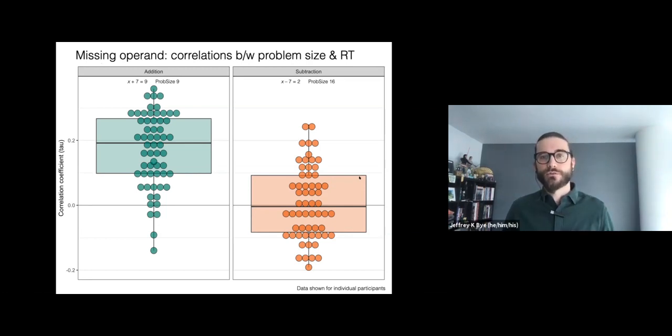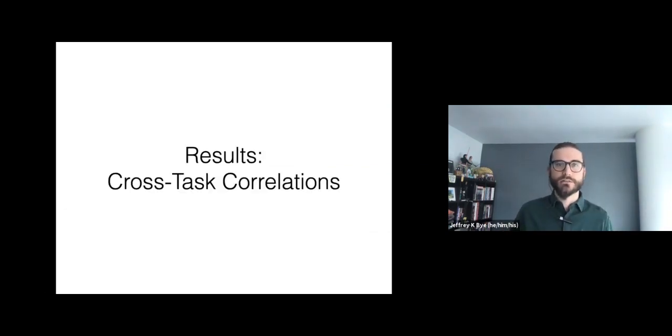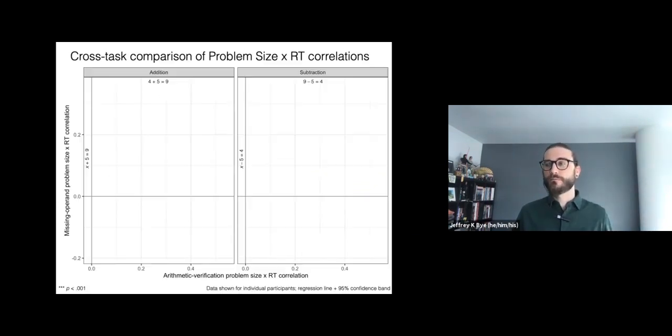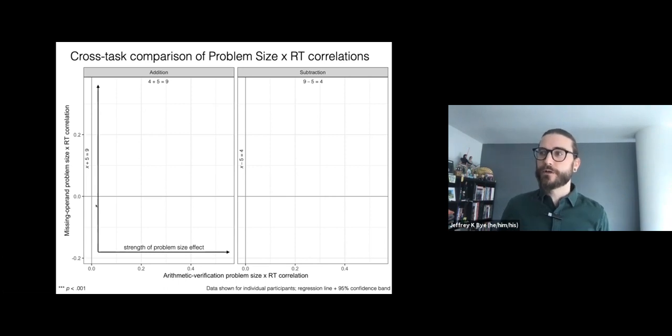So in order to understand these individual differences, we want to compare across these two tasks: the arithmetic verification tasks as well as the missing operand tasks. Let's take a look at the correlation coefficients for a given participant on the arithmetic verification task here on the x-axis. The stronger the problem size effect for arithmetic verification, the more positive on the right. And the stronger the problem size effect for missing operands, the more positive on the y-axis.